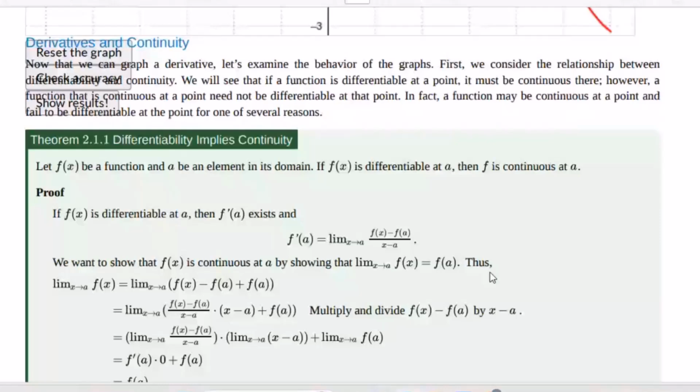It says, let f of x be a function and a be an element in its domain. If f of x is differentiable at a, then f is continuous at a.